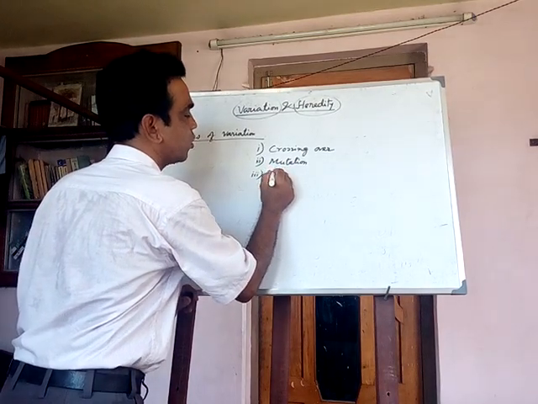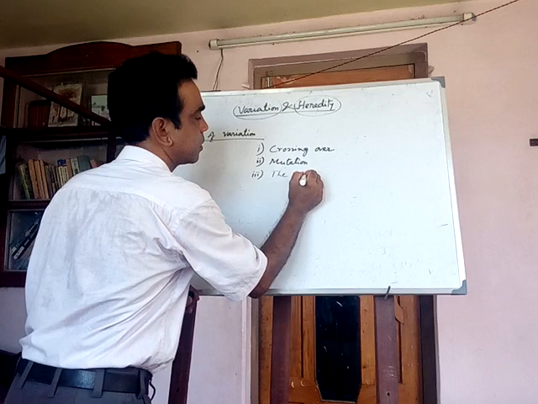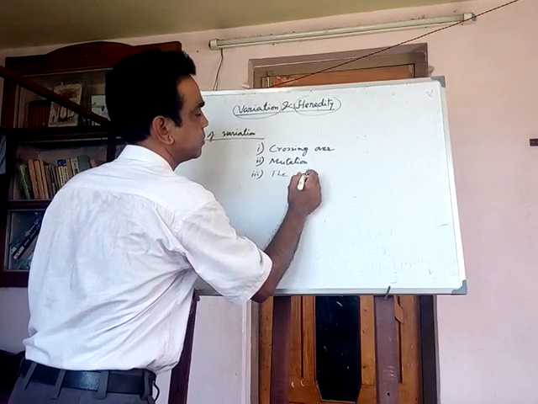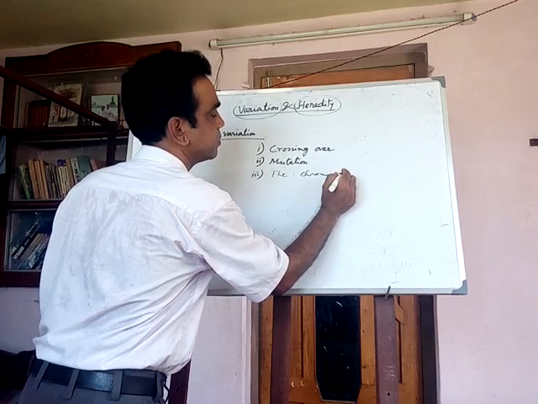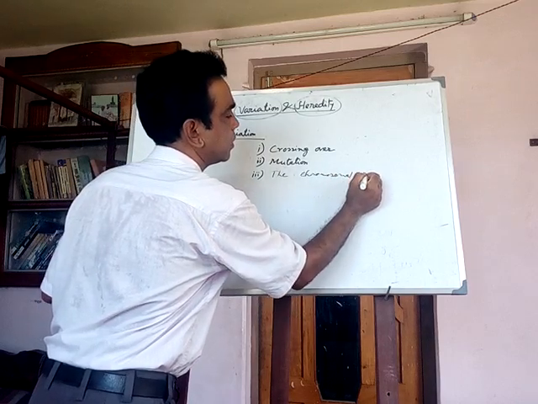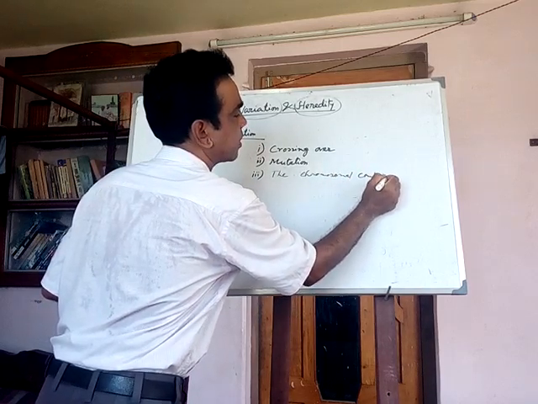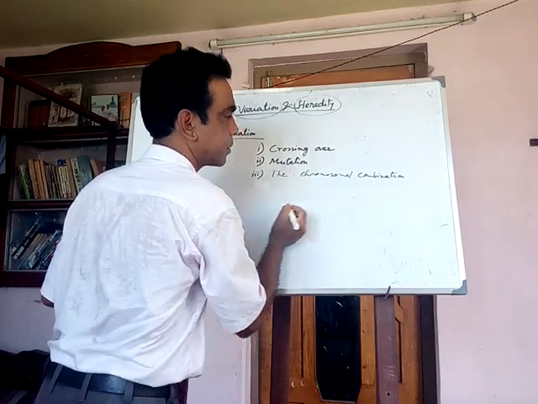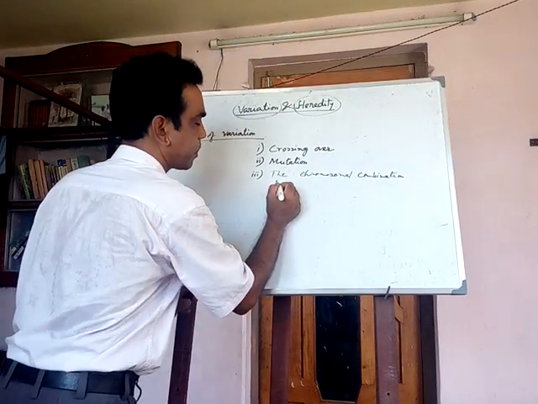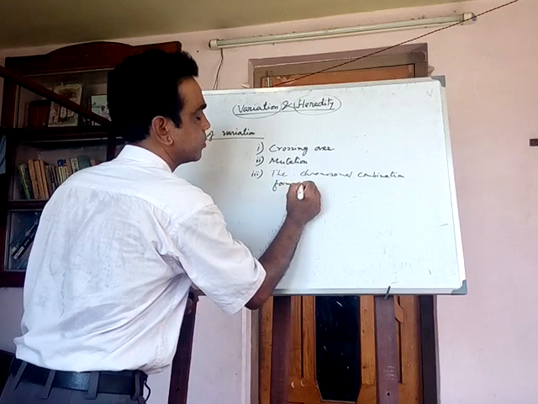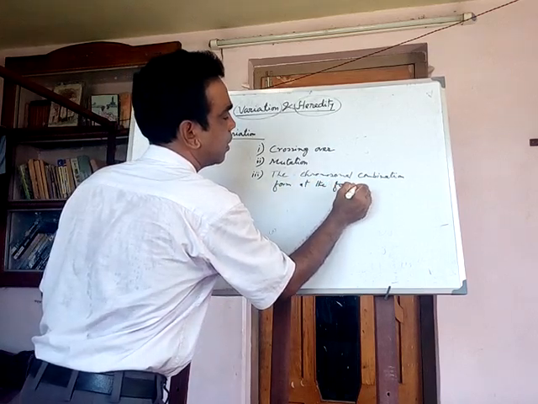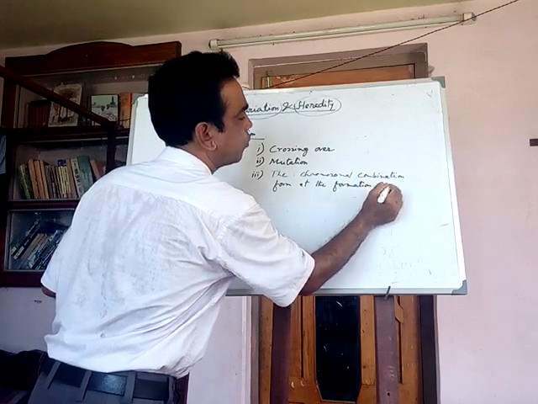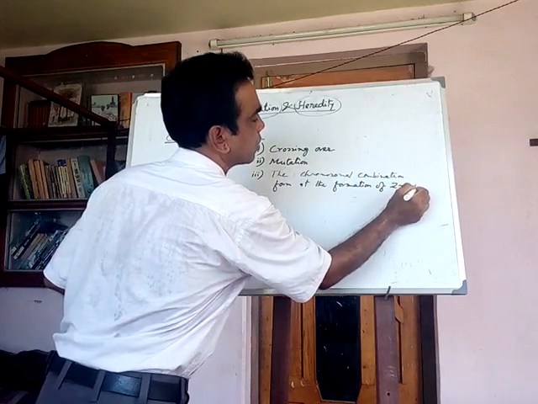The chromosomal combination forms at the formation of zygote.